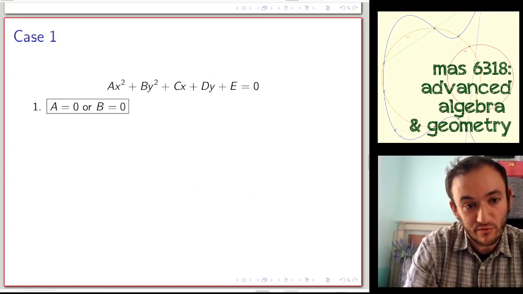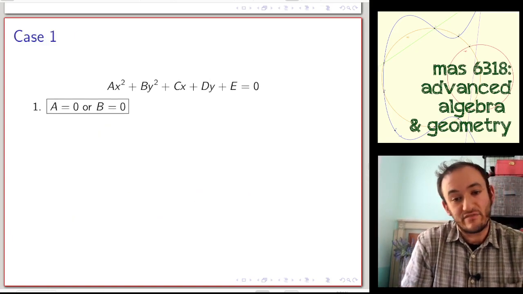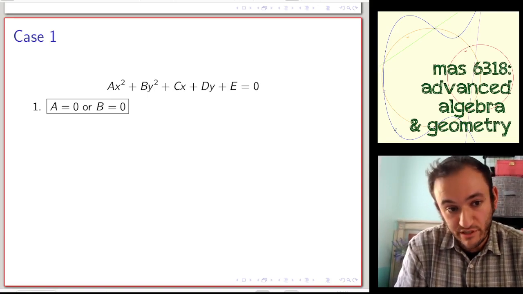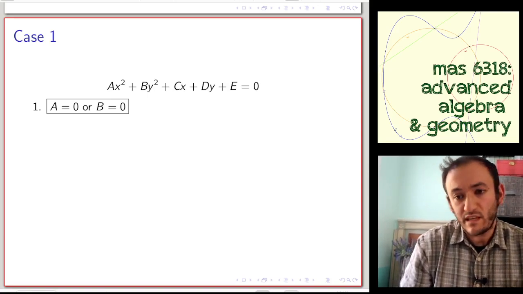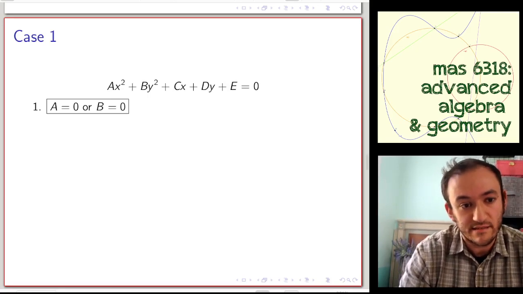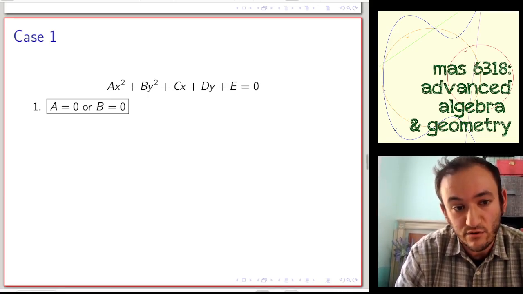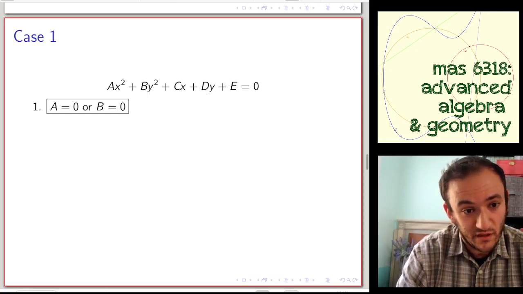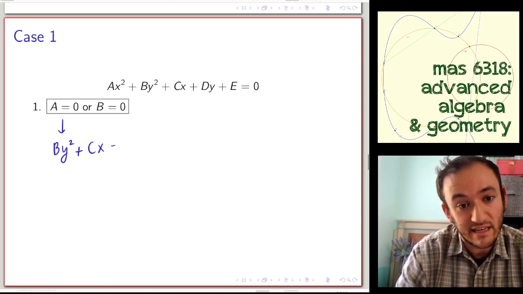Okay, great. So now we have this quadratic equation with just two degree 2 terms. So now we can start considering special cases. If a equals 0 or b equals 0, what we have immediately is a parabola. For example, if a equals 0, we get b y squared plus c x plus d y plus e equals 0.